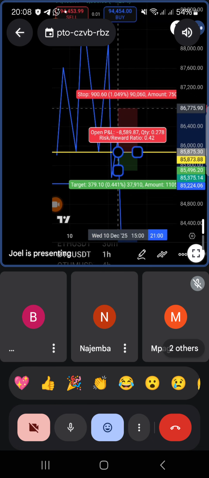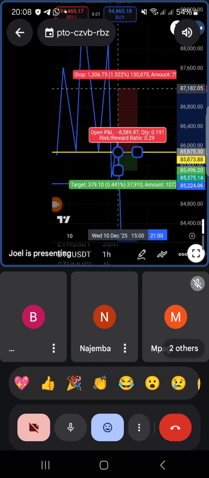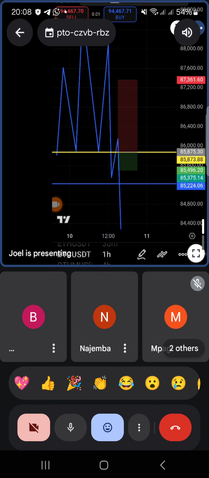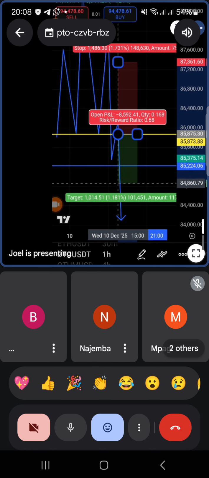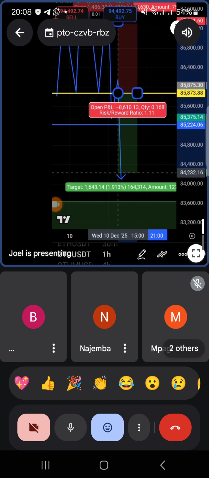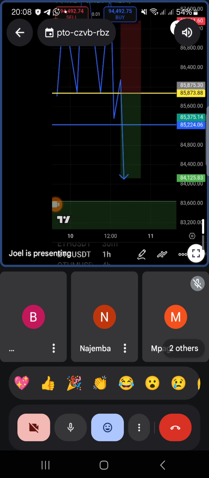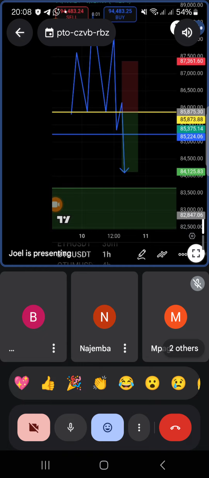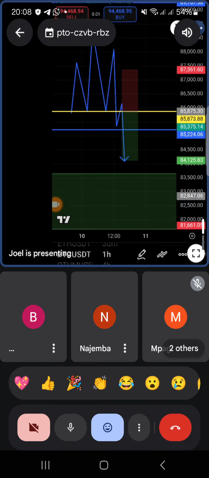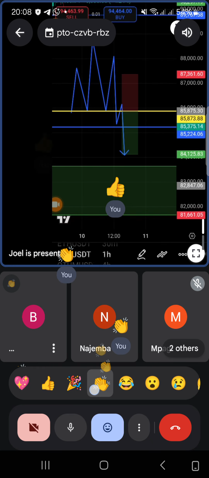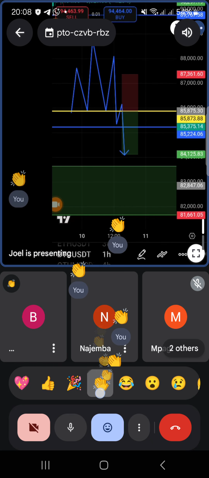Here I'll put, of course, a 1.3, 1.5 to 1.7 percent. And then my take profit, I'll put a 2%, depending on how the market is going. But I usually take 1.7 as my stop loss, and then 2% as my take profit.